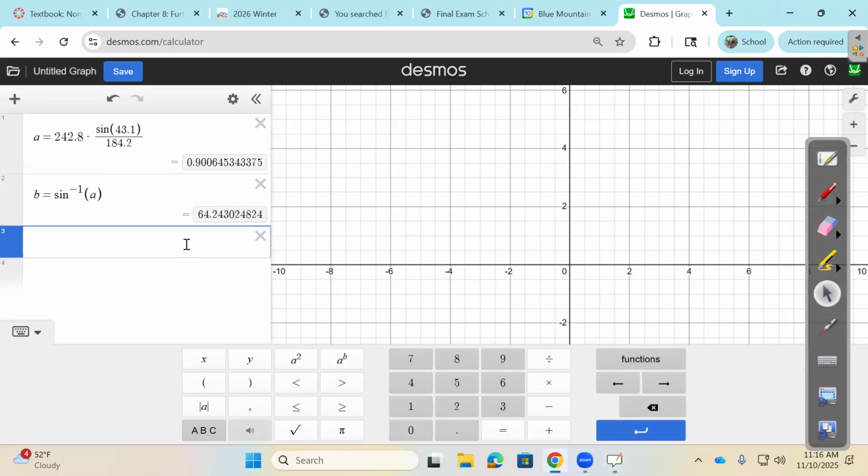So then I'm going to take 180 minus the 43.1 I was given, minus the angle I named B, so I don't have to worry about rounding. To 2 decimal places, it's going to be around 72.66.